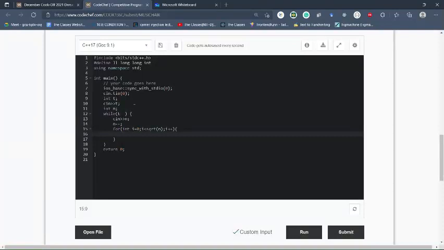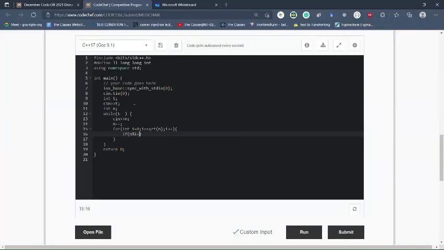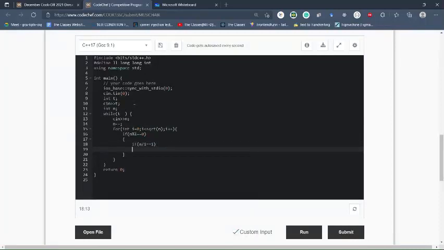So I'll write this, and we'll write, if n percent i equals 0, then if n divided by i equals i, then we have to simply do count plus plus.